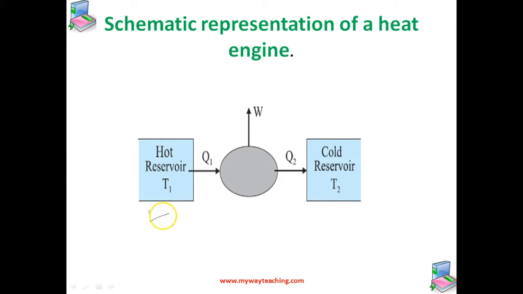And it releases heat Q2 to a cold reservoir at temperature T2 and delivers work W to the surroundings. Here the cycle is repeated again and again to get useful work for some purpose.